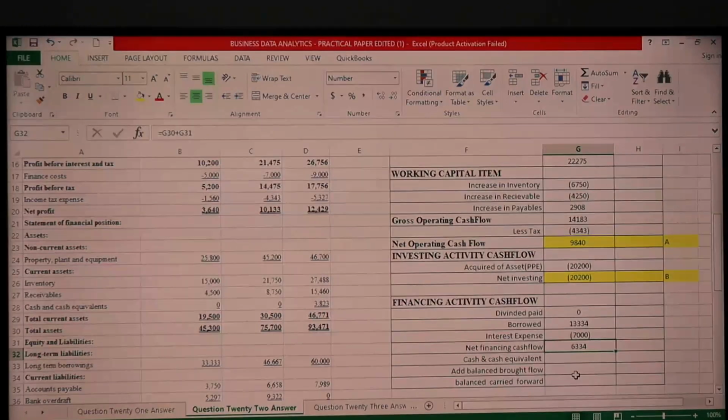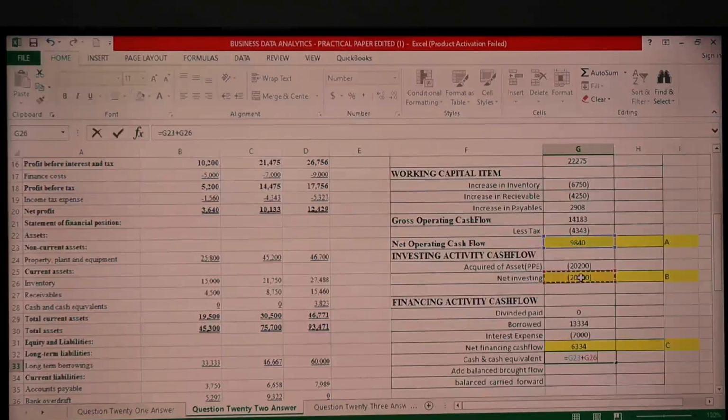If we're up to here, we already got our C, and our C is right here, in that cell. So now we are supposed to get the cash and cash equivalent. How do we get this? We already have our A, B, and C. So you pick the value of A, we add with the value of B, which was a minus.